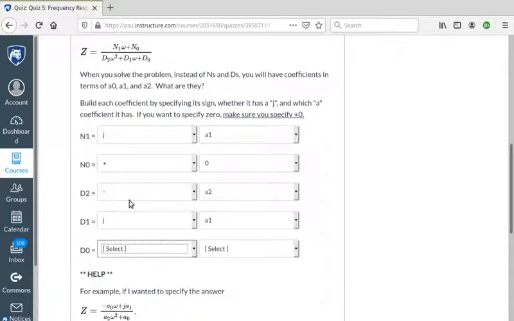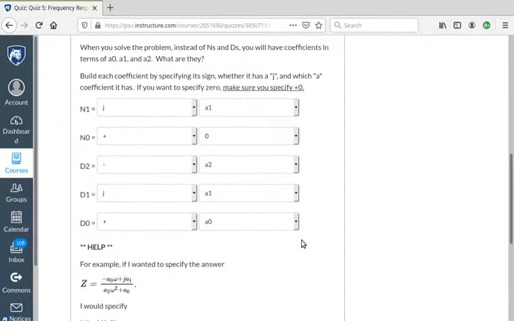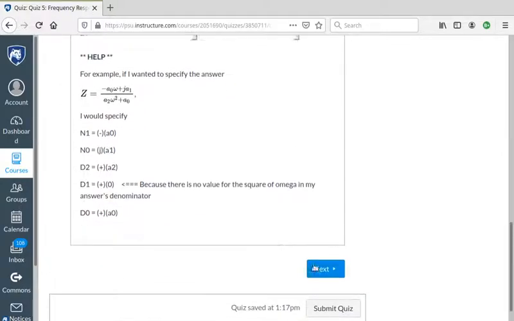Excuse me, a constant term, that's positive. Silly me. Positive a naught. There we go. The omega squared term we already took care of. Okay. And then this is just a little hint as to how to do it. Obviously, this is not the answer. Okay. So that's how we do that.